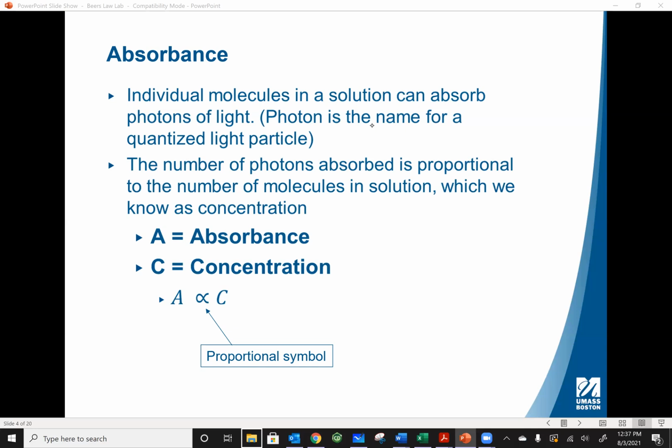And if we use a spectrometer, we can actually measure this. The amount of photons absorbed by a molecule is proportional to the number of molecules in solution, also known as concentration.